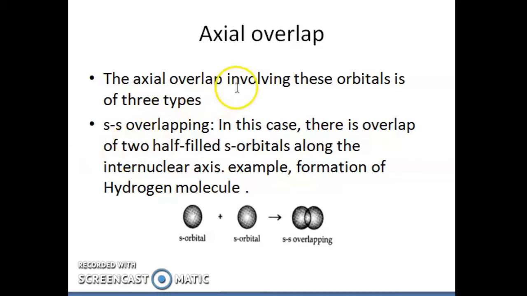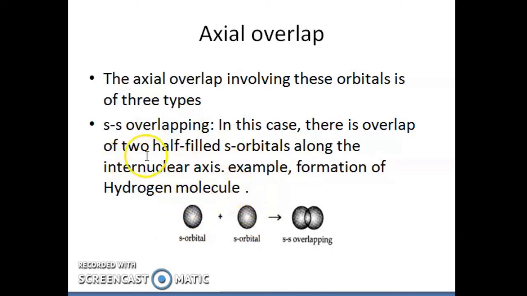Axial overlapping involves the s orbital and the p orbitals, and axial overlap involving these orbitals is categorized into three types. The first one is SS overlapping, where an s orbital combines with an s orbital.